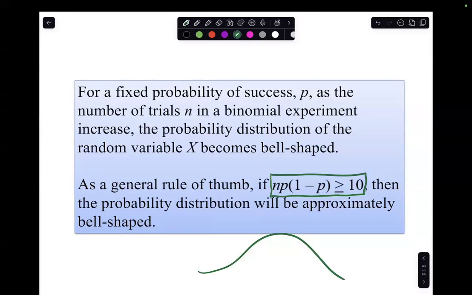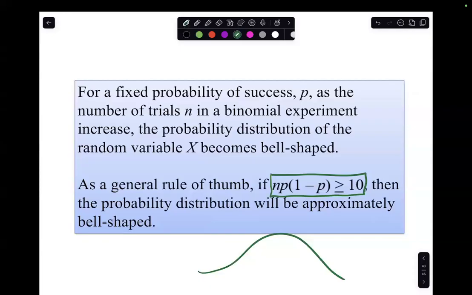It's not skewed right or left. It's a nice, pretty bell. It just has to be greater than 10. If it's 9, it's probably skewed. But above 10, it's bell-shaped.